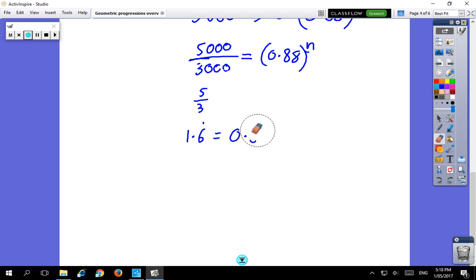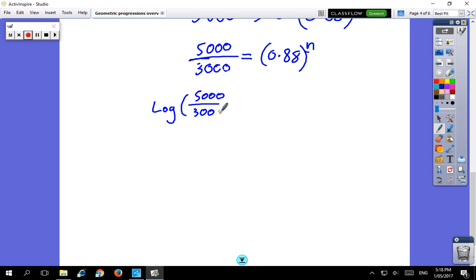I have also been exploring the log method. For those of you that haven't seen it before, bear with it, because I think you'll find it is quite achievable. What we're going to do is take the log of both sides. It really is just as easy as writing it. I'm not explaining why, I'm just saying that's what we're doing.